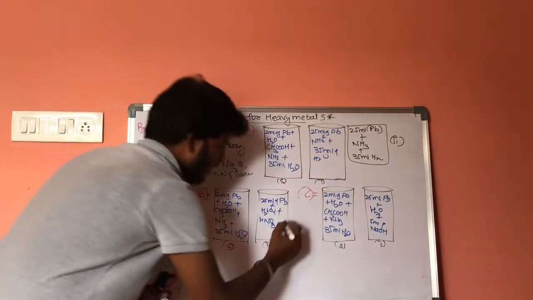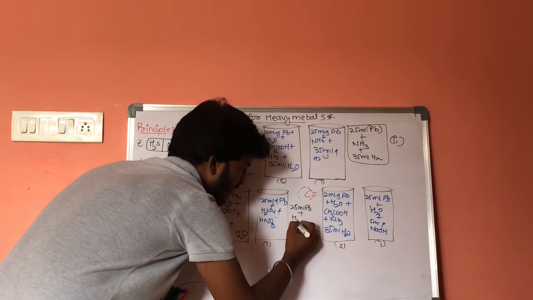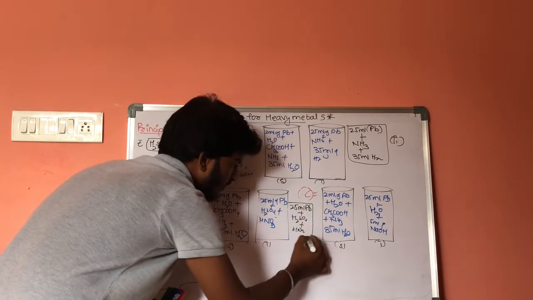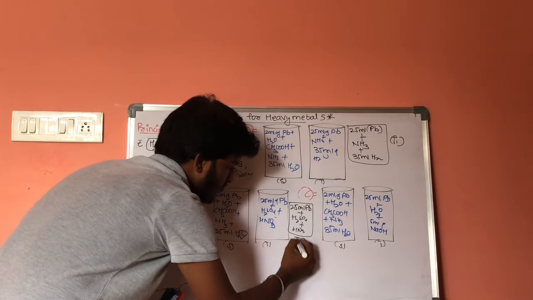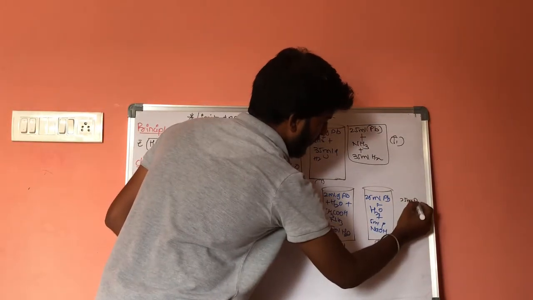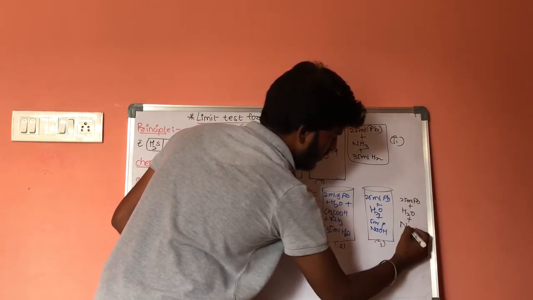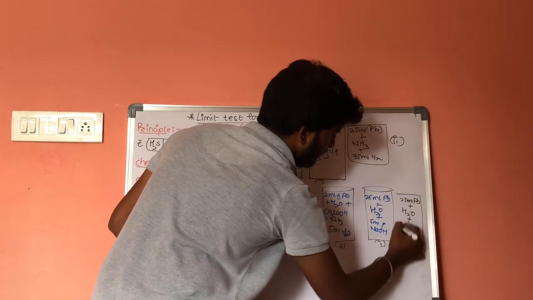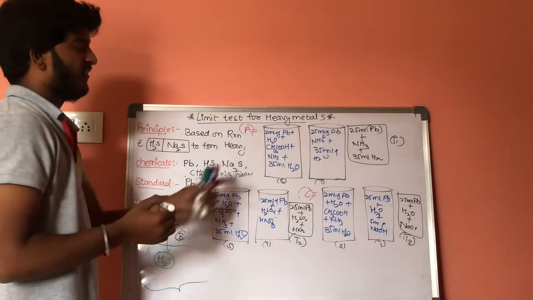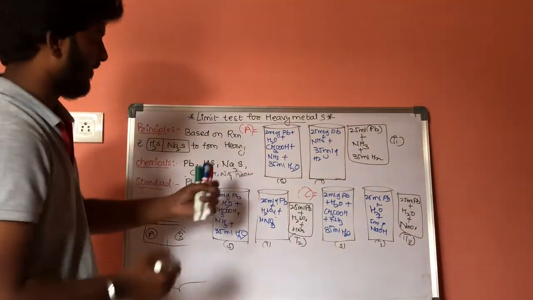Whereas in test 2, we have added 25 ml lead plus sulfuric acid plus nitric acid. This is the test 2 solution. This is test 3, that is 25 ml of lead plus water plus 5 ml of sodium hydroxide. In this way, 3 standard solutions and 3 test solutions are made, and we have to observe the result.